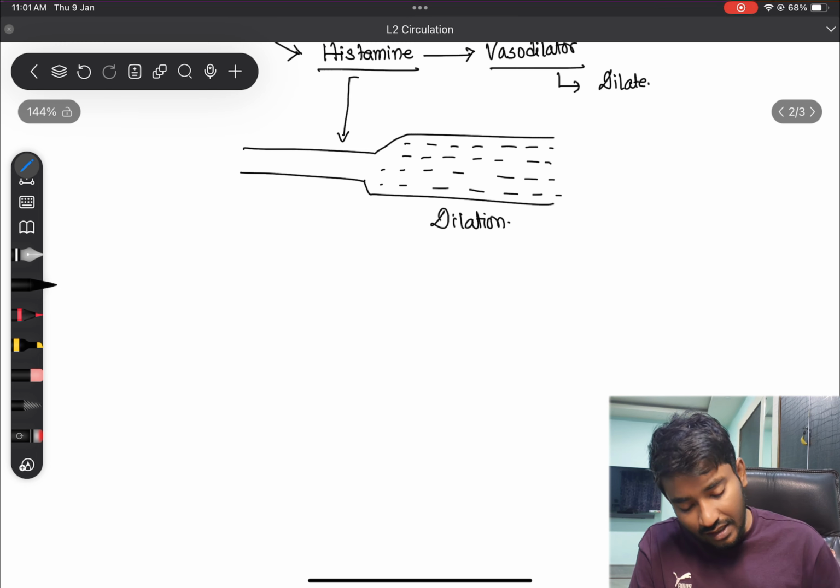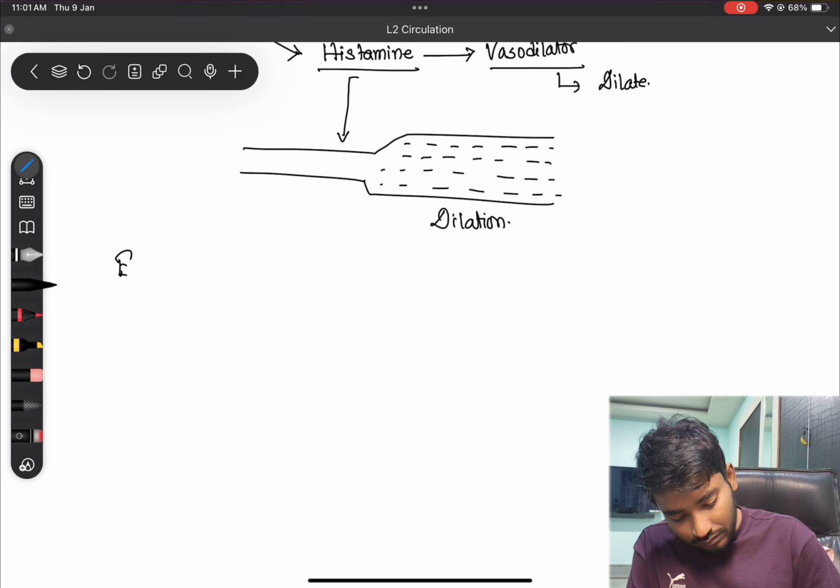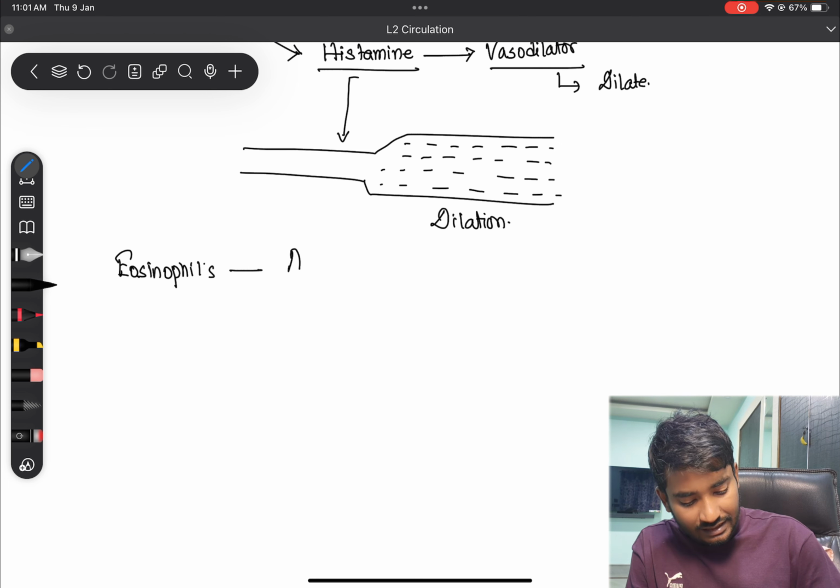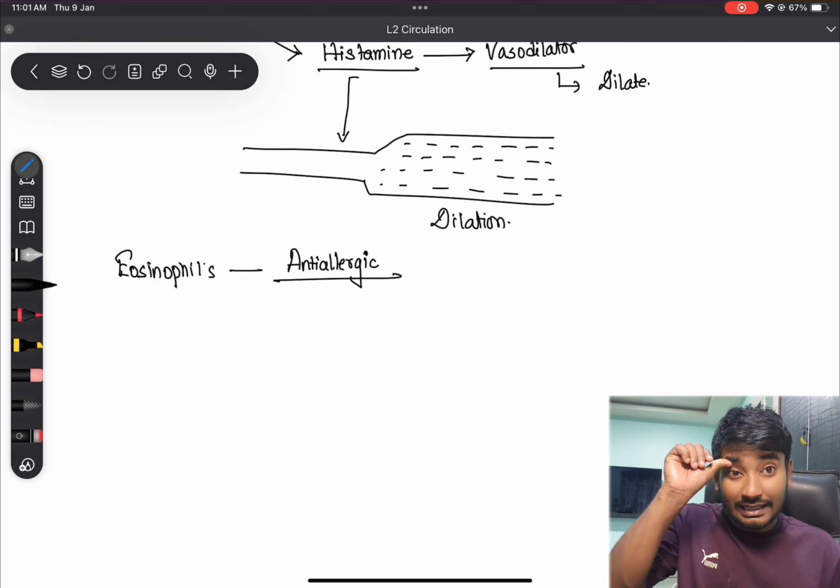Dilation. Okay, eosinophil. It is anti-allergic. Eosinophil is anti-allergic in nature.